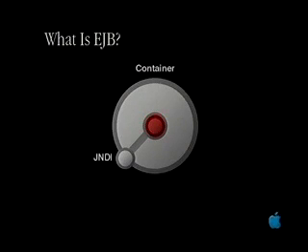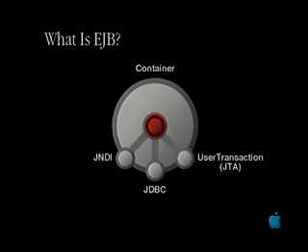Some of these services, well, actually all of these services: JNDI, the Java Naming and Directory Interface, which is essentially a distributed naming scheme and lookup technology. JDBC, Java Database Connectivity. And a single class in a larger interface called the Java Transaction API.